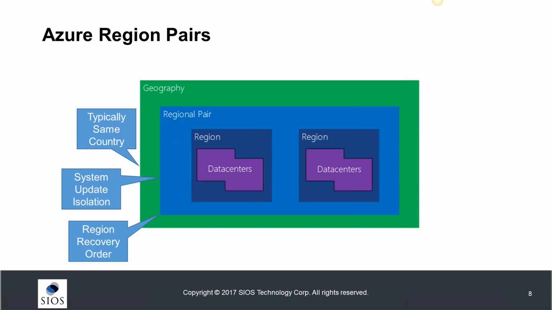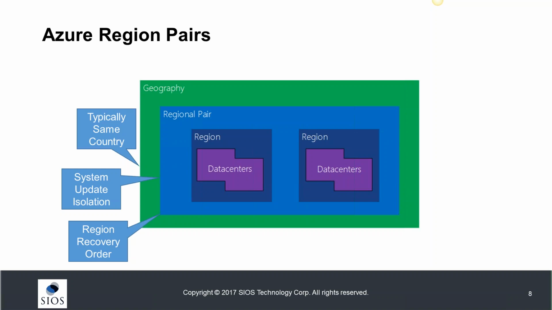Also, if there is a more drastic outage that impacts multiple regions, and we've seen this at least once recently, they will prioritize at least one region in each region pair for recovery. So they're going to hopefully get one of your regions up and running as quickly as possible.